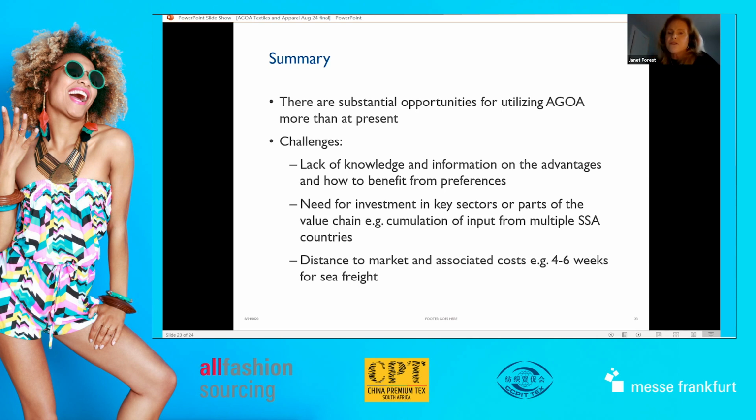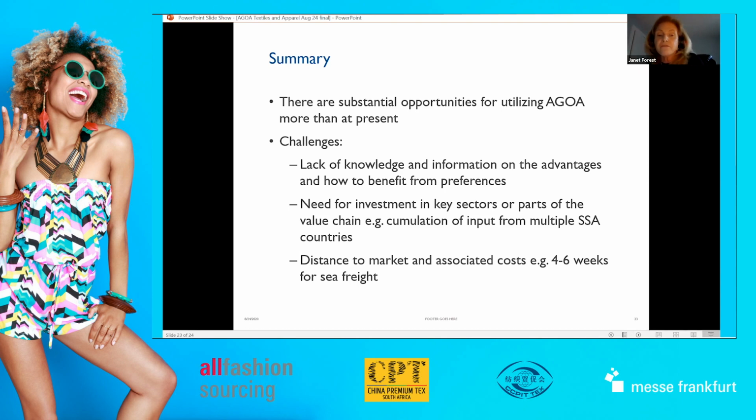Some of the challenges to expanding AGOA exports are the lack of knowledge on the advantages and how the preferences exactly work, and a need for investment in key sectors. This could help with providing value chains for products.